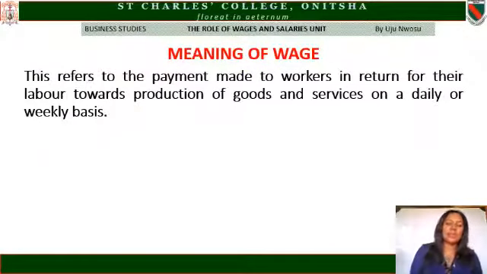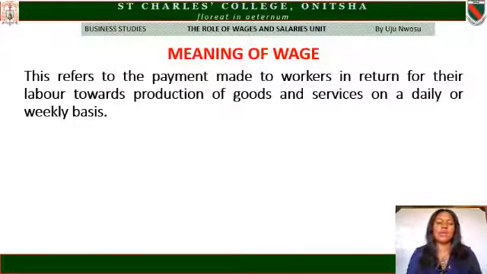The lesson in details. We are going to start with the meaning of wage. What then is wage? Wage can be referred to as the payment made to workers in return for their labor towards production of goods and services on a daily or weekly basis.